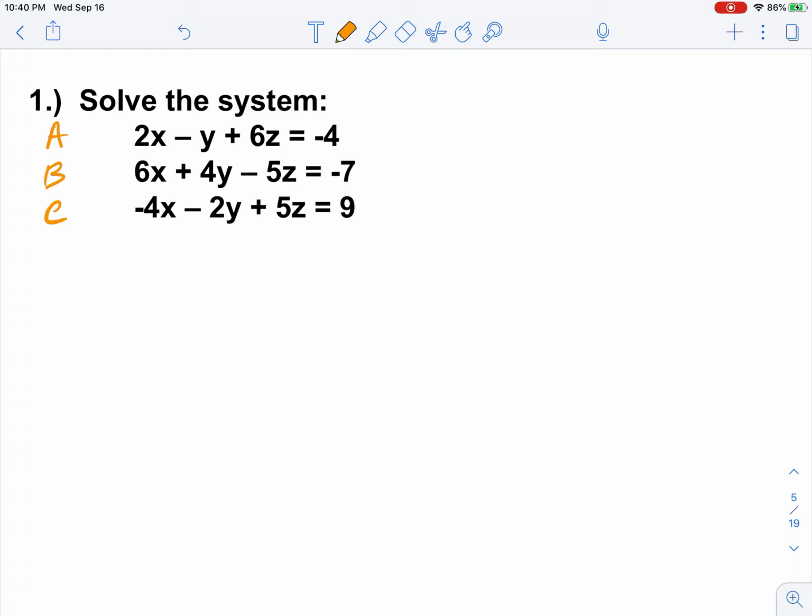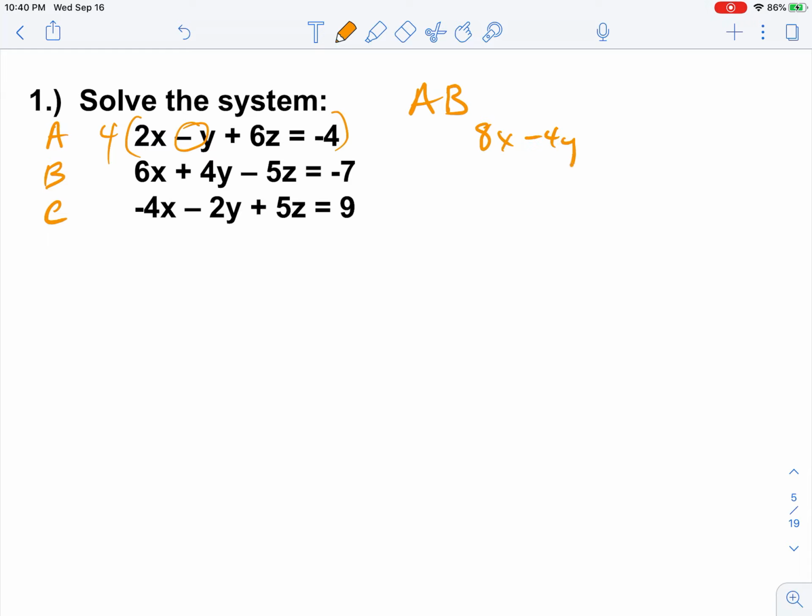What we want to do is look at maybe A and B, because right away I see a negative y here and a plus 4y. I wish this top equation had something x minus 4y plus something z equals something else. And I wish that this was a negative 4y there. Well, I can make it that by multiplying the top one by 4.